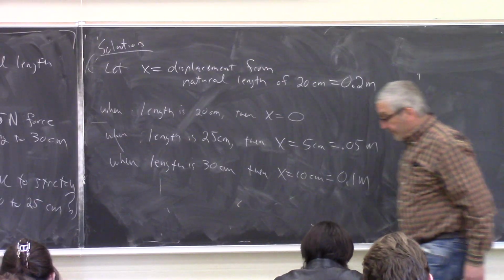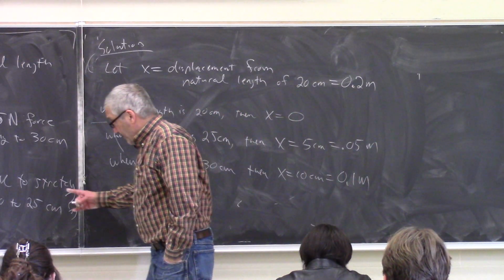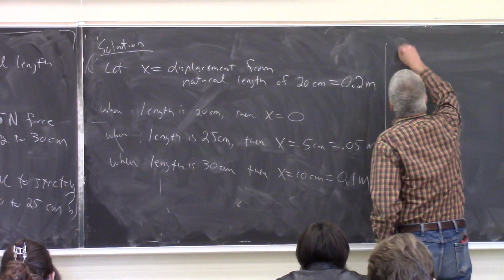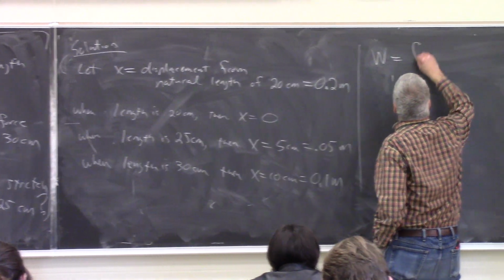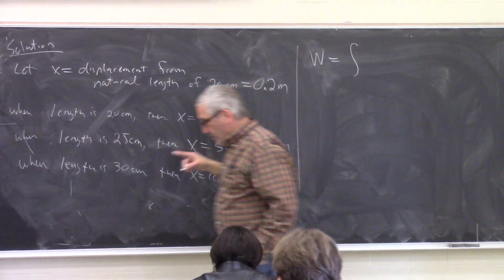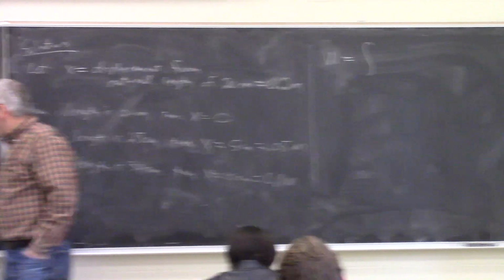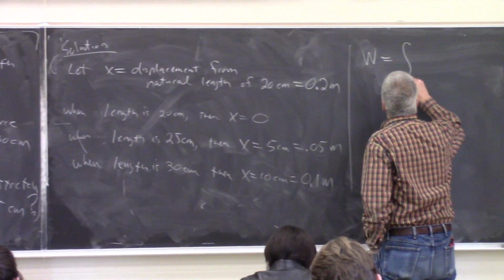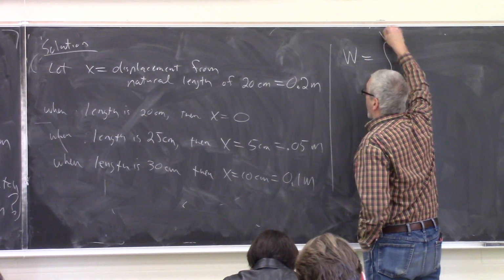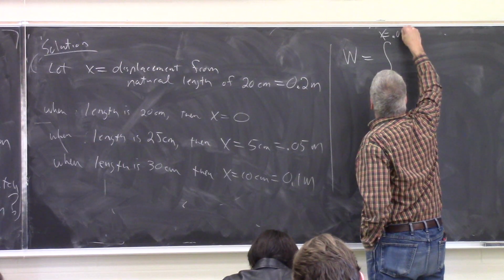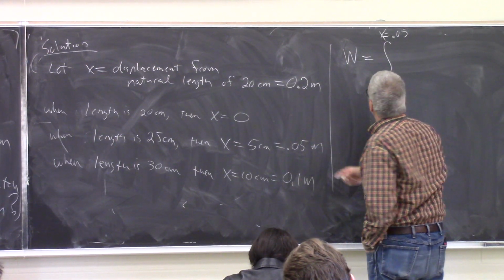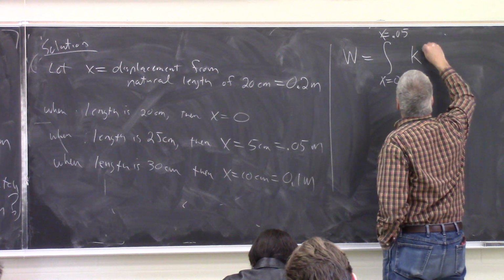Okay, so for the question, work is going to be the integral from when the spring is 20 centimeters long to 25 centimeters long. That's going to be an integral from x equals 0 to x equals 0.05. It's these two x's that we're talking about. And we're going to be integrating kx.